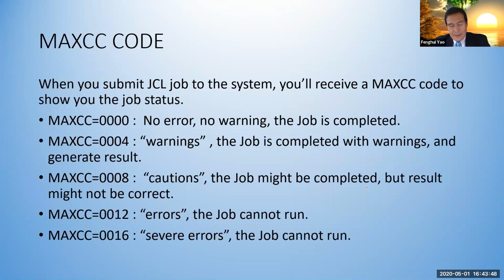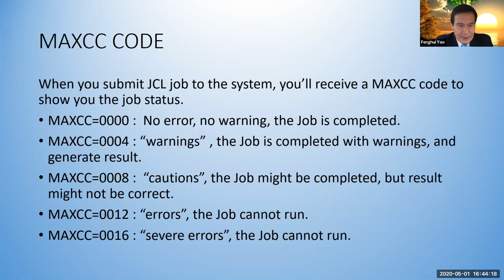All right, so when we run JCL, it generates this MAXCC code. The meaning of the MAXCC code is here. For example, 0000 means no error, no warning, the job is completed. Then 0004 means warning: the job is completed with a warning and generates the result.